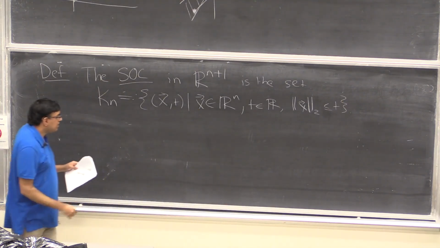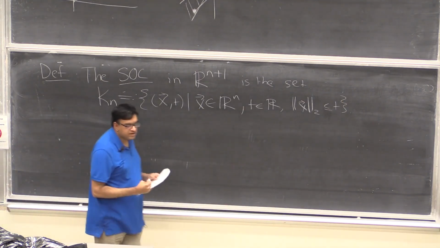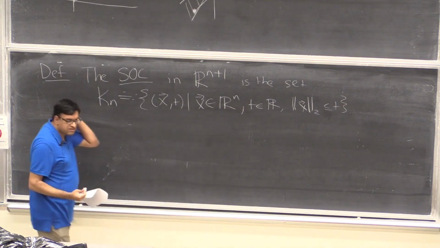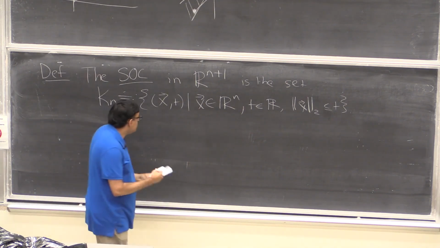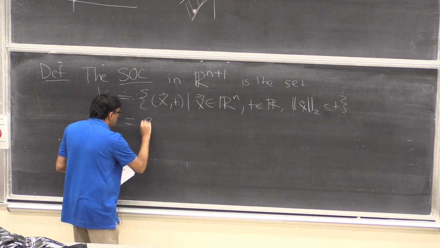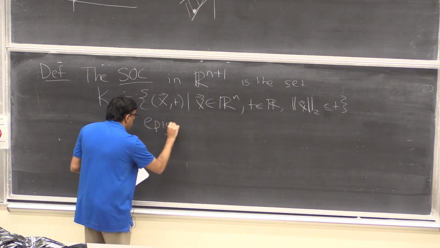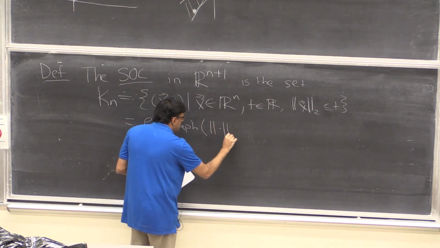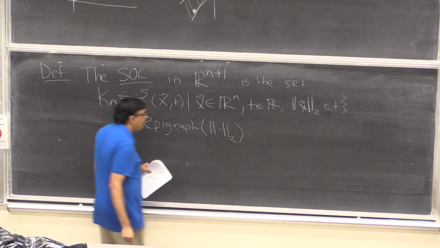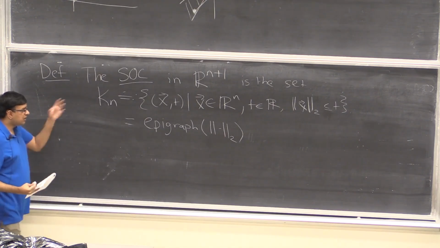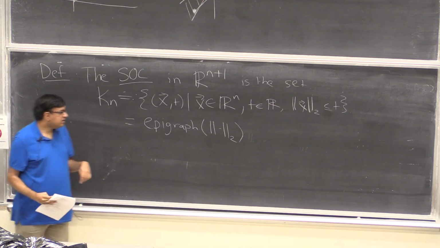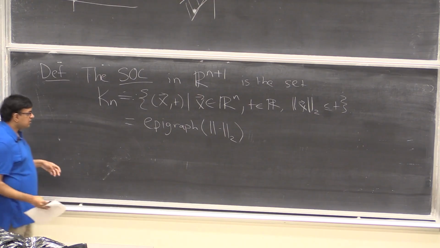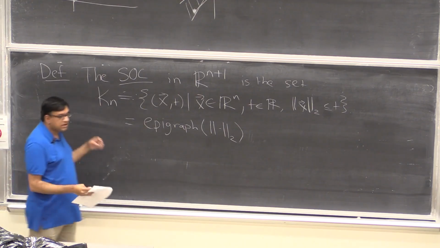Okay. And if you remember your definitions of convex sets from earlier this semester, this is the epigraph of the L2 norm in R^n. So this is a subset of R^(n+1), even though it's defined as K_n, because the input x is in R^n.